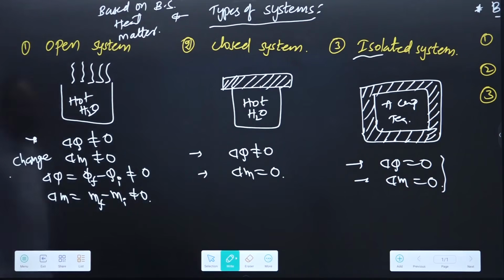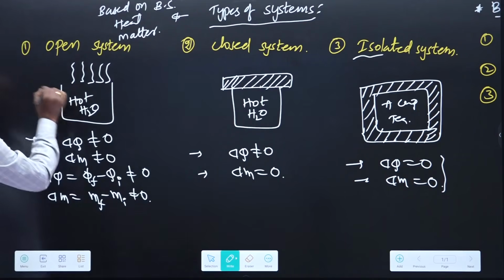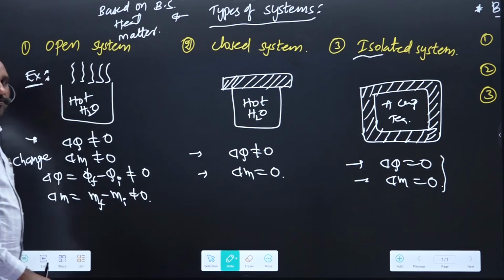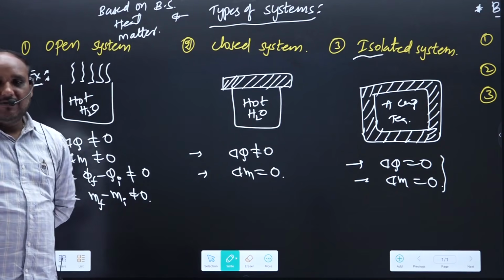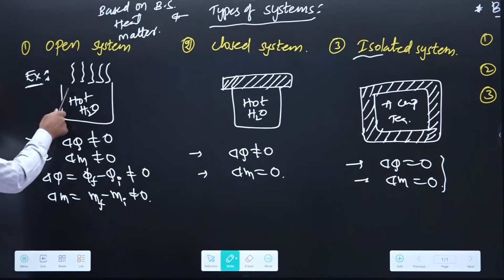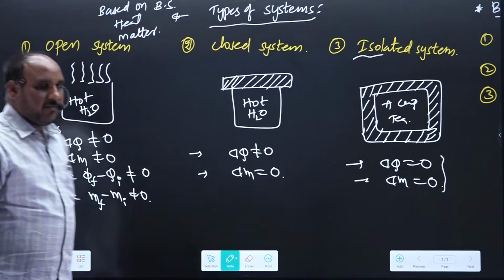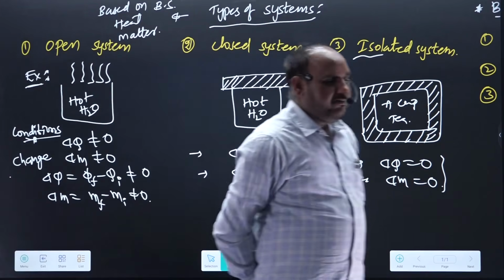Example: hot water in an open beaker. Draw the diagram and write the conditions.